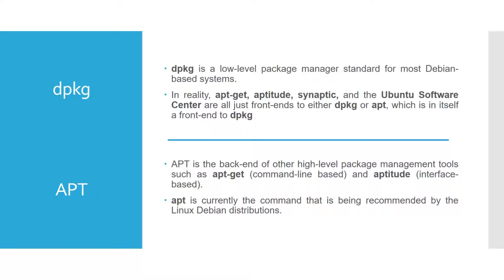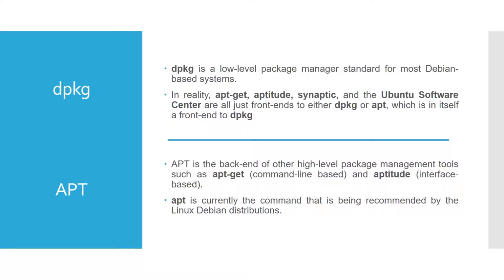In reality, apt-get, aptitude, synaptic, and the Ubuntu Software Center are all just front ends, whether using DPKG or APT. But at the same time, APT also uses DPKG as the back end.